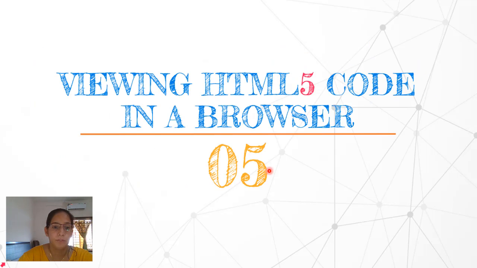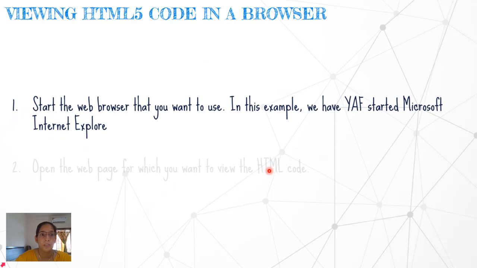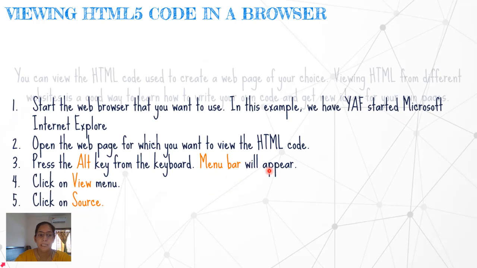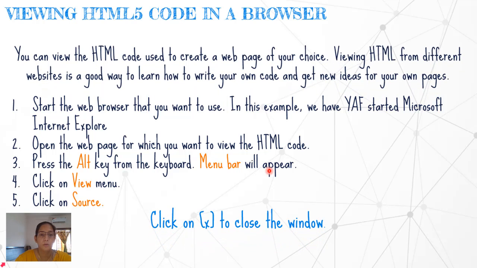Here comes the end of the topic, that is viewing HTML5 code in a browser. Viewing HTML5 code means, once our coding is done and our web page is ready, after viewing the web page, how can we go back to our coding.